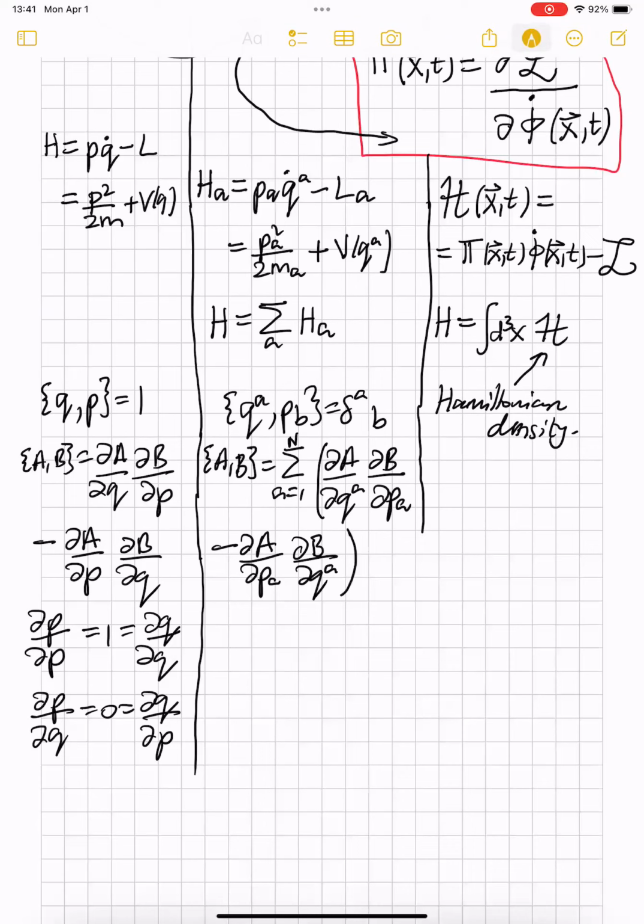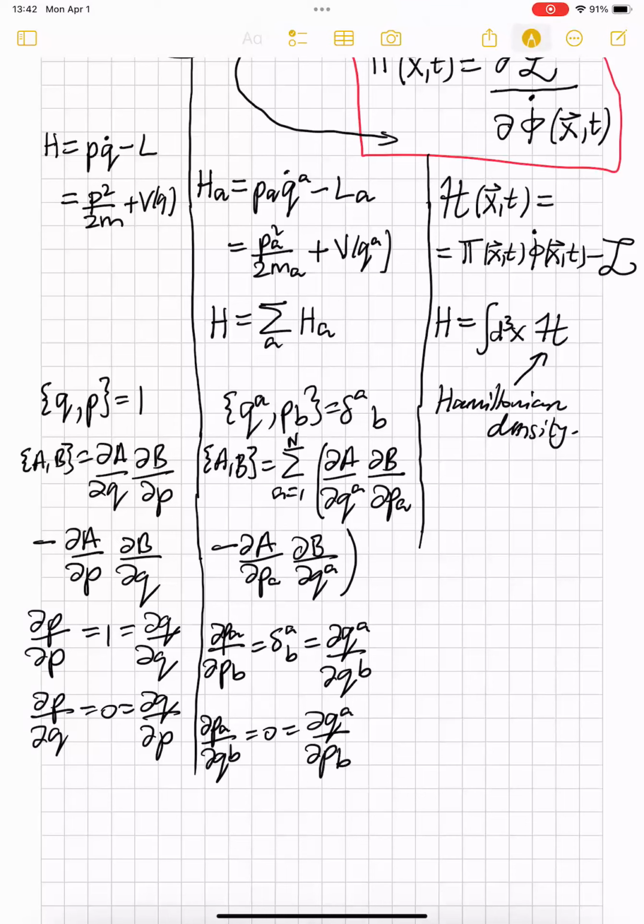And what were the rules of the calculus in this case? Well, dP_A/dP_B would be delta AB, and this would be dQ_A/dQ_B. And then dP_A/dQ_B, well, that's just 0, and it is equal to dQ_A/dP_B. So those are all of the rules that you need.